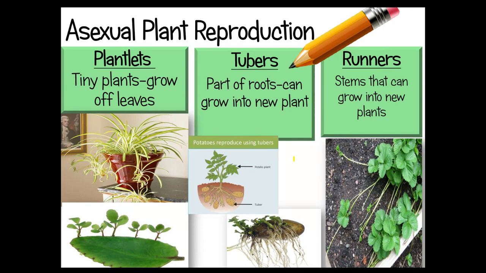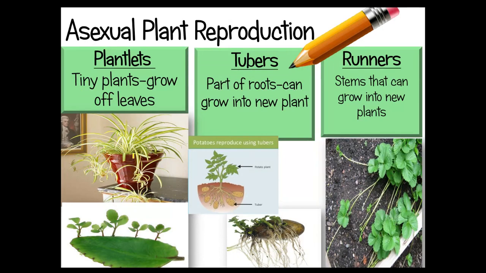All right, quickly, I wanted to just review asexual reproduction in plants. This is a way that plants can reproduce on their own. So remember, asexual is one parent, genetically identical offspring.